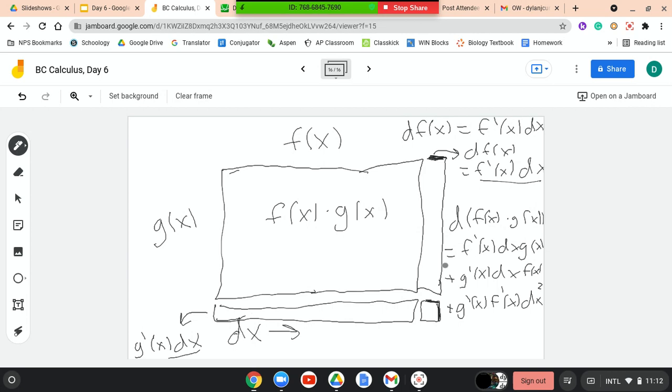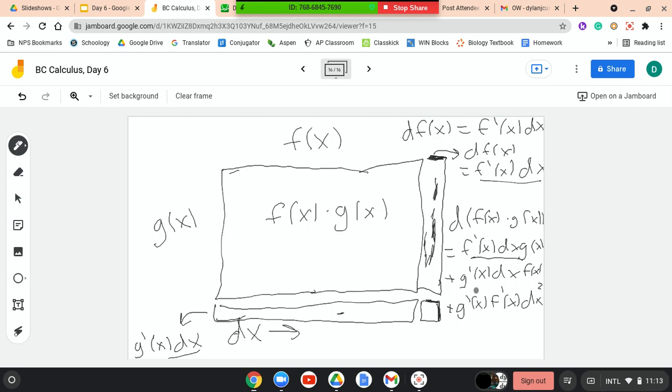So the first part, f prime of x dx times g of x, is the rectangle with the extension on the right. Yep, so it's that part, but not the extension vertically. But not this one, you mean? Yeah, right. So the first part is the area of this rectangle.